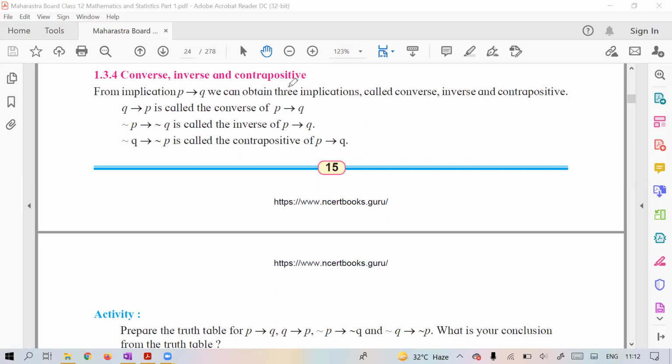So let's start here. From the implication P implies Q, you have a statement P implies Q. We can obtain three implications: converse, inverse, and contrapositive.